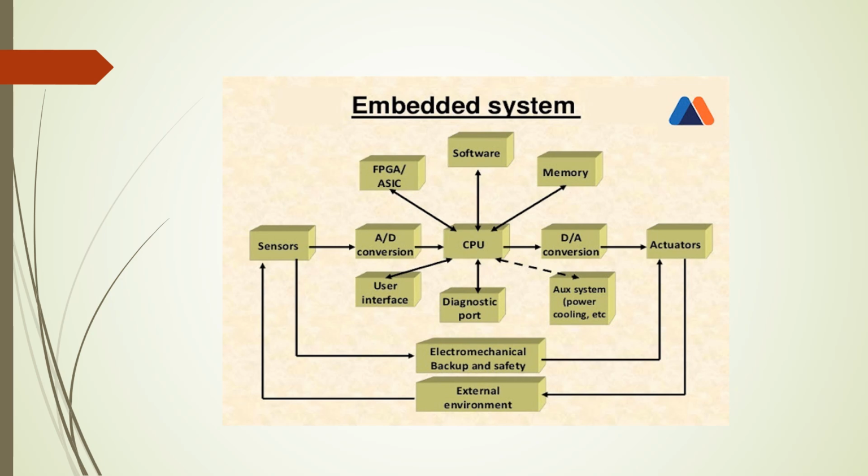The CPU is bidirectionally connected and interlinked to many peripherals such as software, FPGA, ASIC, and also A to D conversion, that is analog to digital conversion, user interface, diagnostic port, D to A conversion, memory, actuators, electromechanical backup and safety. We also have sensors and the external environment here, right? This is about the architecture of an embedded system.